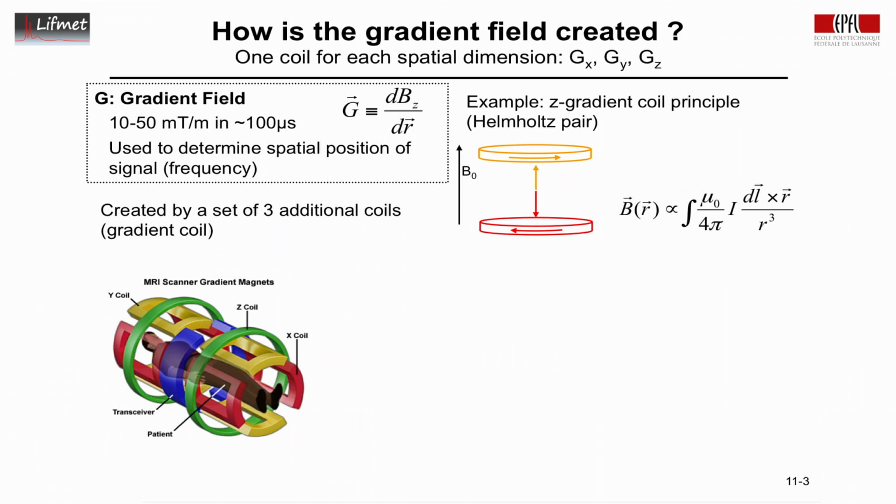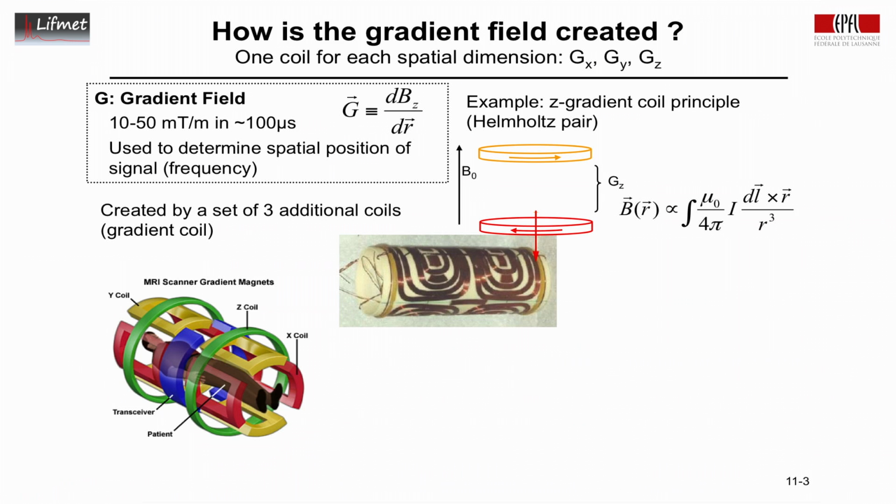If you go downwards in the direction of the red coil, the contribution from the red coil increases and the contribution from the orange coil decreases. In the end, this generates a more or less linearly varying magnetic field along Z, and this is the Z component.